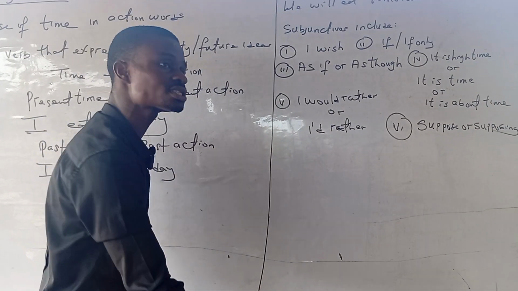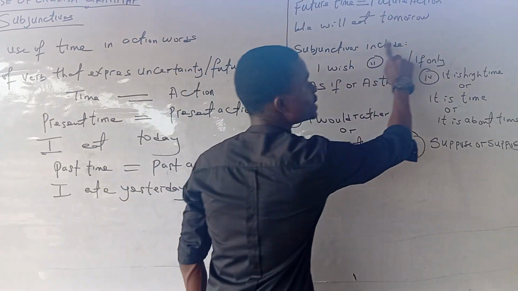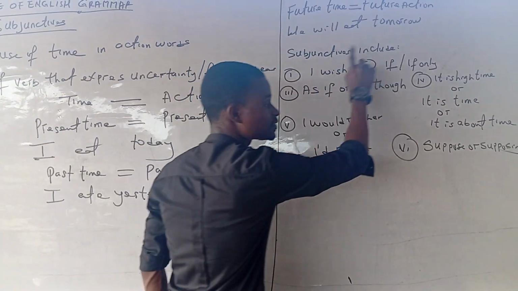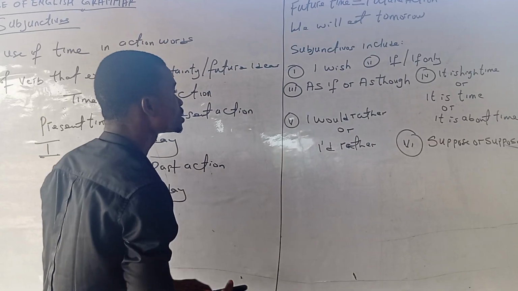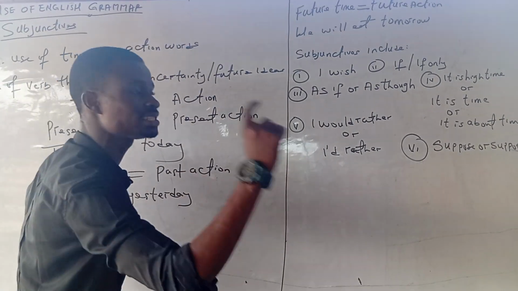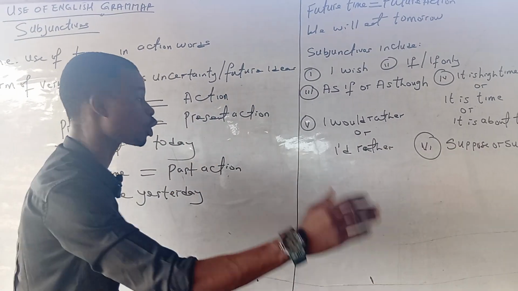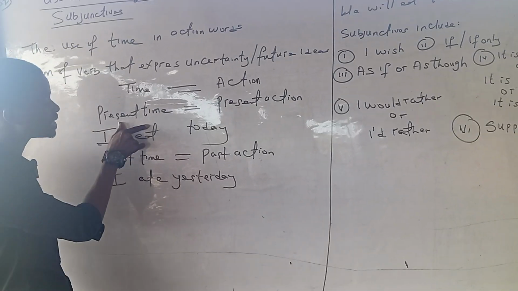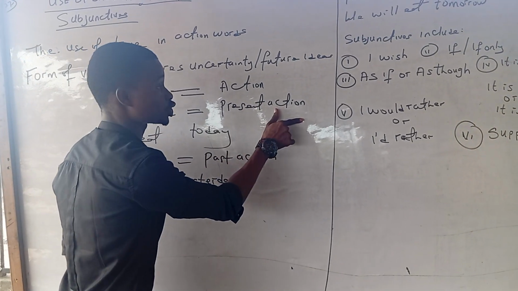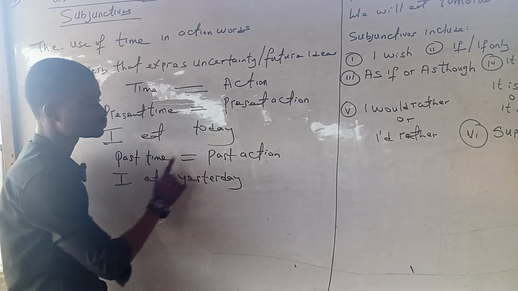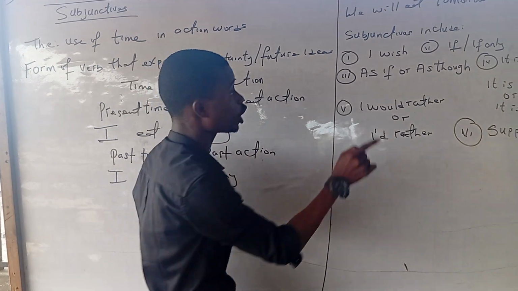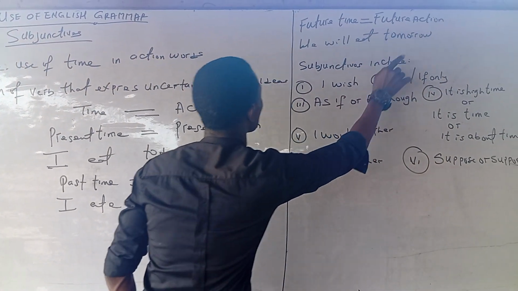So what am I saying? I'm saying to us that when we have any of these things, please take note that the initial law, present time to present action, or past time to past action, or future time to future action, no longer applies.